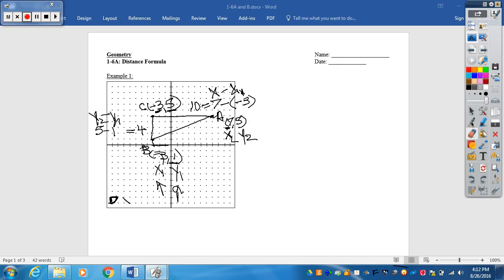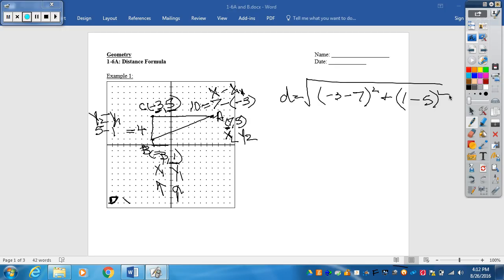All right, so if I were to switch those two, now B is the x sub 2, so x sub 2 in this case would be negative 3, minus x sub 1, which would be 7 squared, plus y sub 2 would be 1 minus y sub 1, which would be 5, again squared.